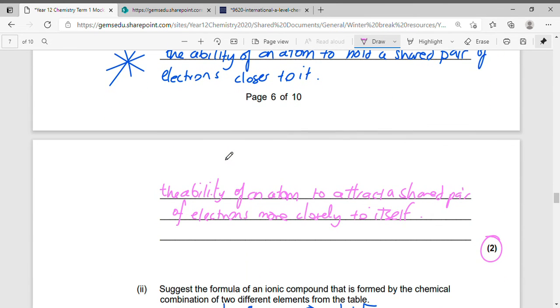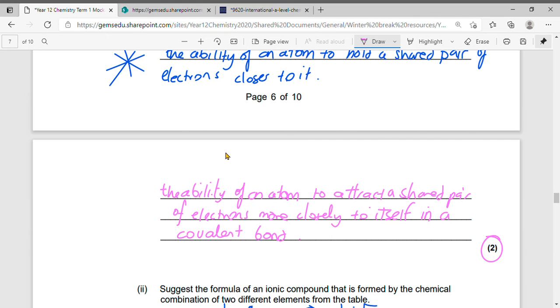In a covalent bond. Electronegativity, sorry, I'm just writing this in my notebook, is the ability of an atom to attract a shared pair of electrons more closely to it in a covalent bond.